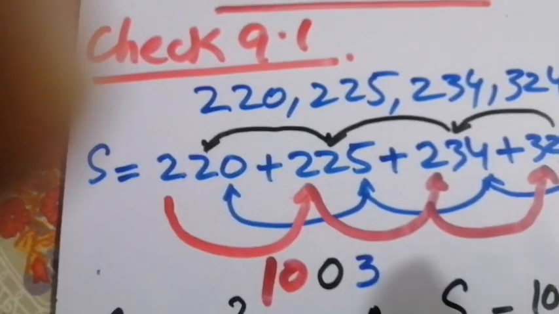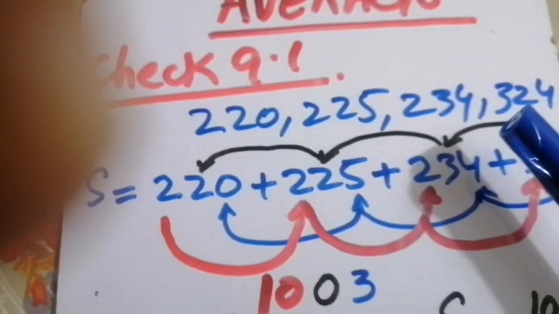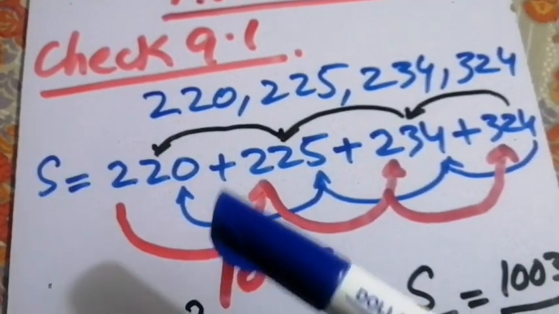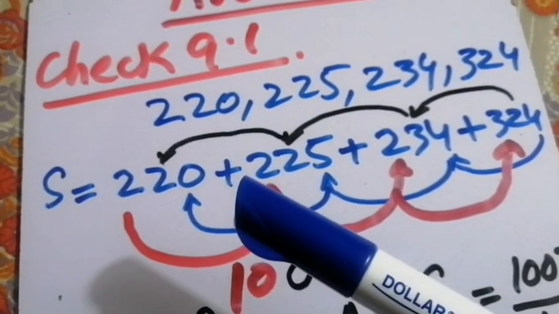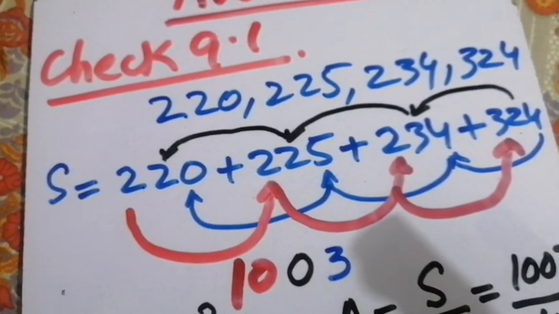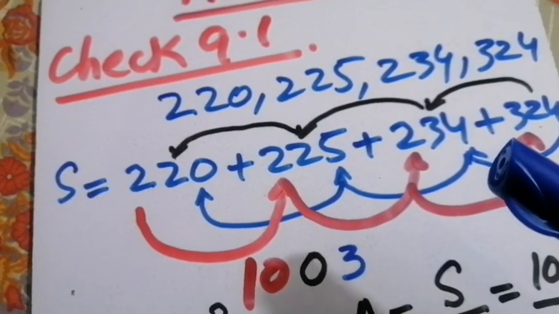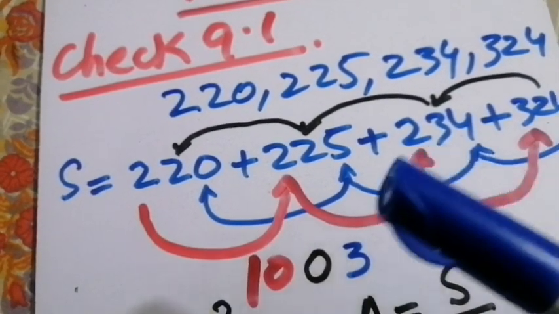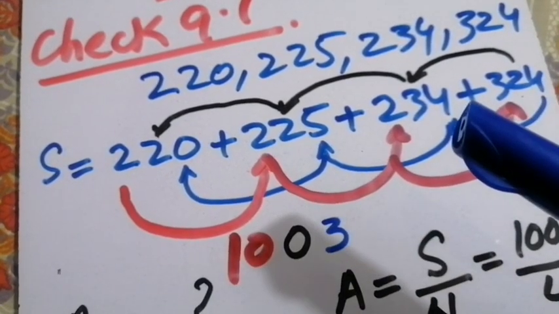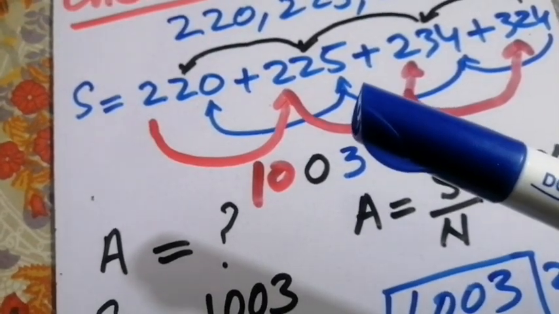So here we have 220, 225, 234 and 324. We keep them as 220 plus 225 plus 234 plus 324. First we add the first quantities. 4 plus 4, 8, plus 5, 13.